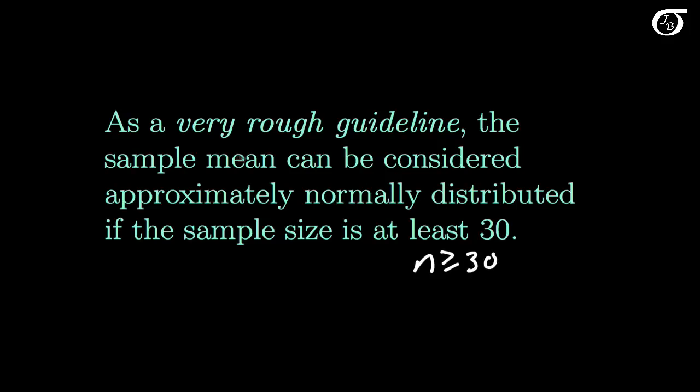Again, this is a very rough guideline. We can easily construct scenarios in which a sample size of 100 trillion is not nearly enough to give us approximate normality. But in most practical situations, when our sample size starts getting up beyond 30, the distribution of the sample mean will be approximately normal.